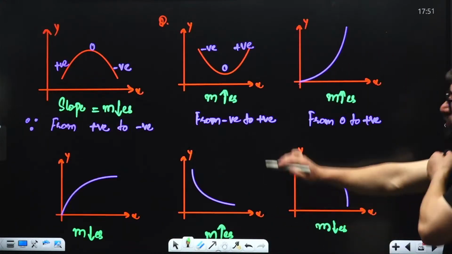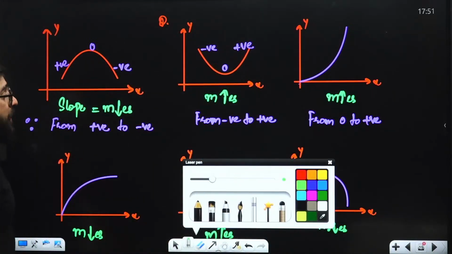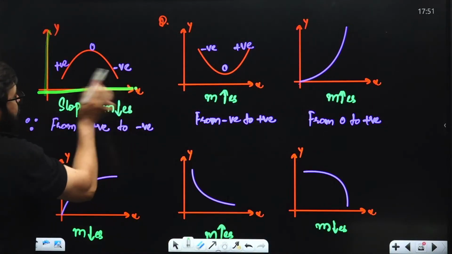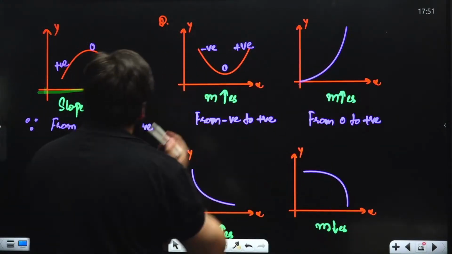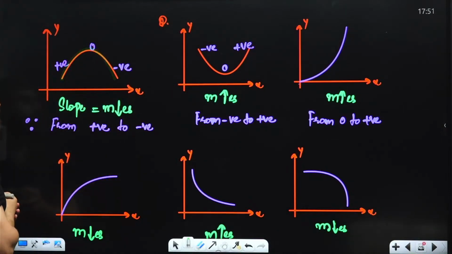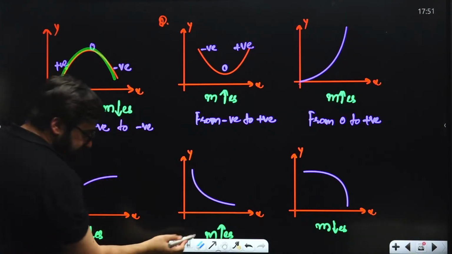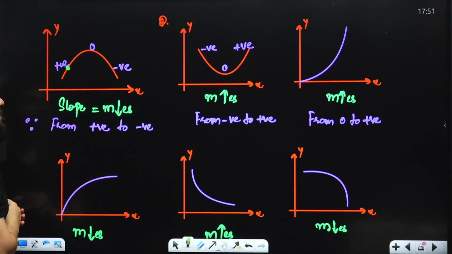Now let's solve these questions. Guys, see. Let's suppose we have got a graph something like this. I am taking one point exactly over here, this is point number 1.